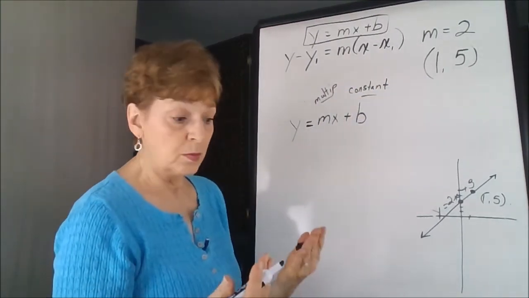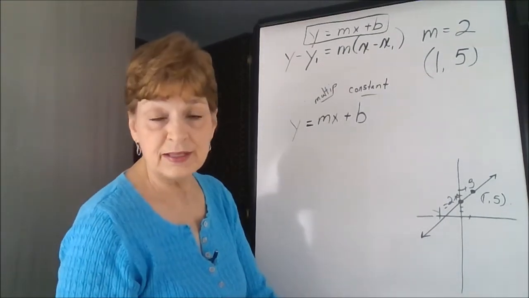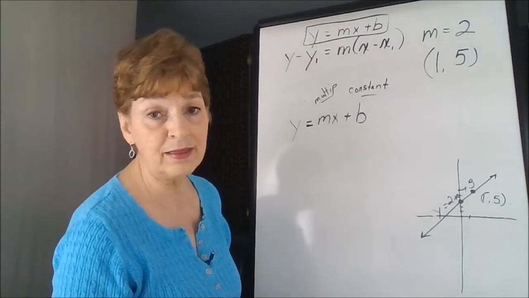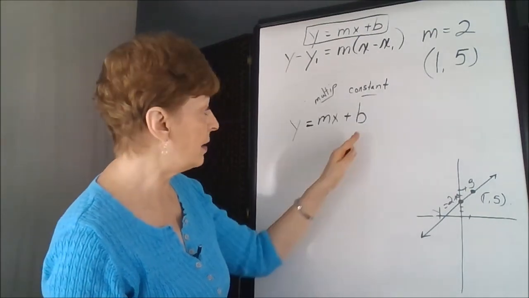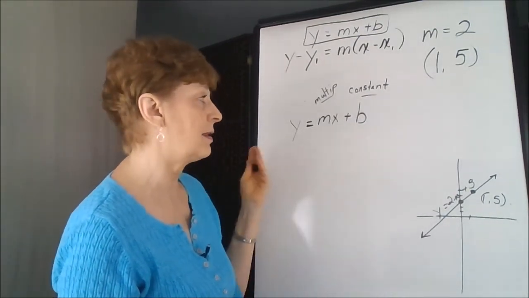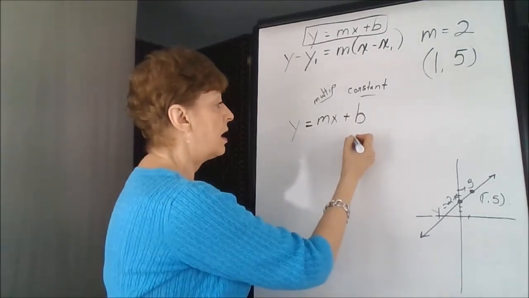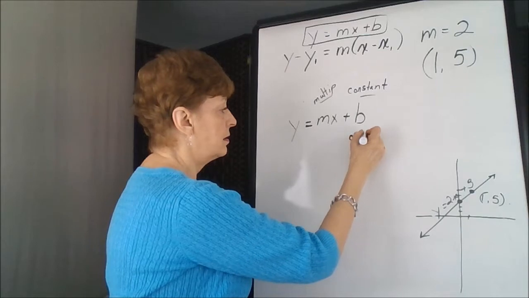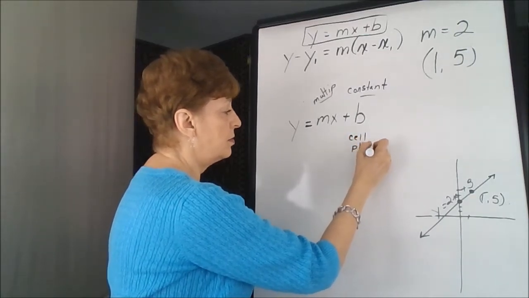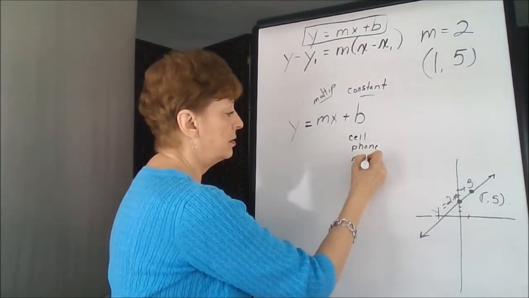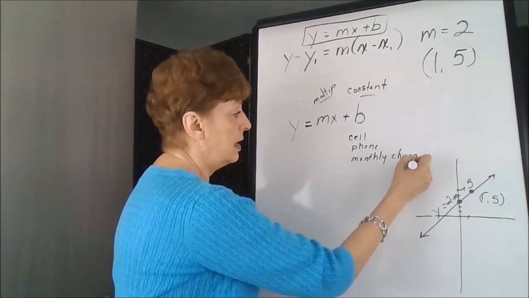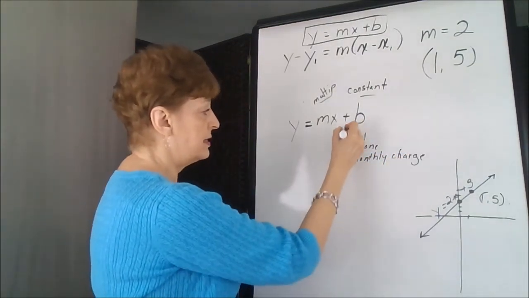So when you are working with a story problem, let's say, a situation where you could easily use this type of math, you would want to have something that stays a constant. Like, for example, maybe your cell phone rate, cell phone monthly charge. And then this one would be, so this is a constant.